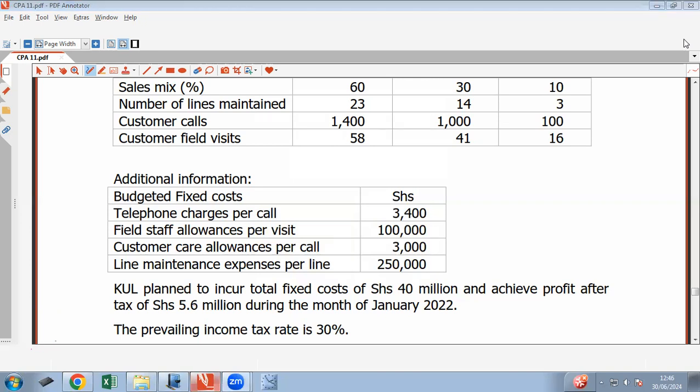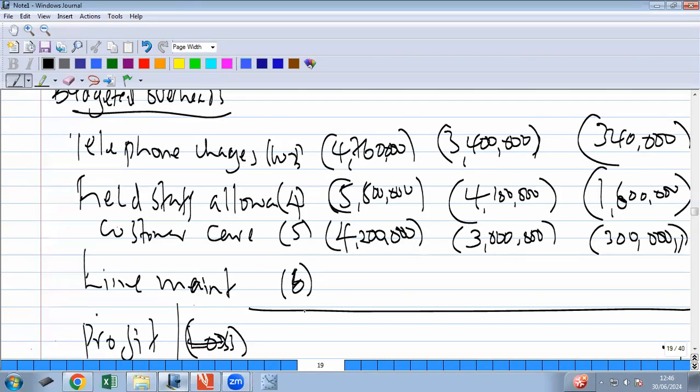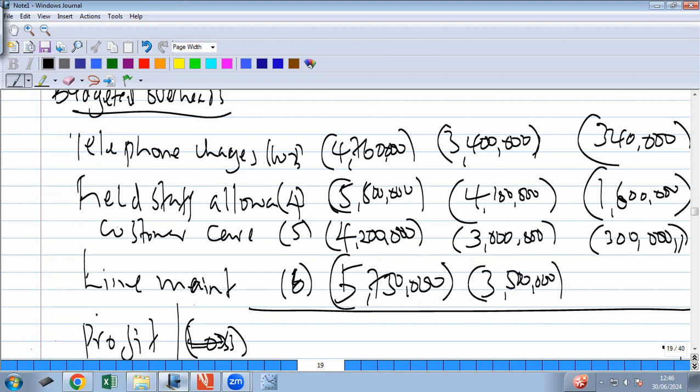Patience, you have another number there? Just a moment. We have 750. 0.5, 750.